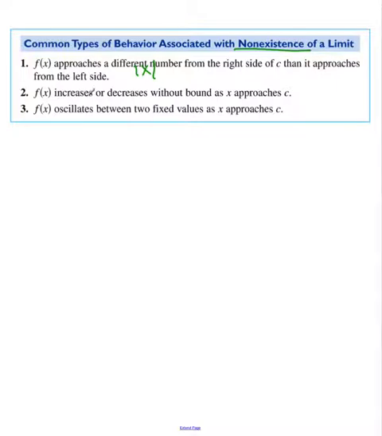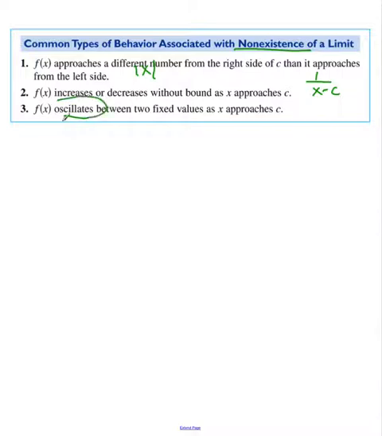The second is if f increases or decreases without bound as x approaches c. Anytime you have a 1 over x situation, or 1 over x minus c type situation, whenever you have a 0 in the denominator, you're going to have this sort of behavior. And then, of course, when f of x oscillates between two fixed values as x approaches c.